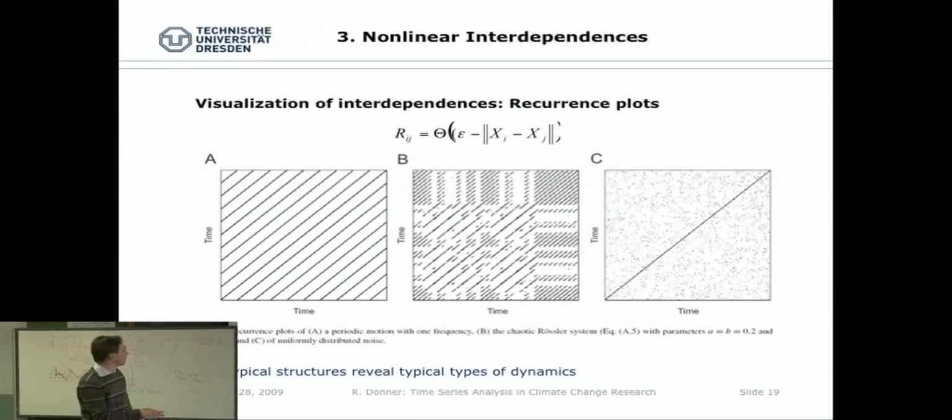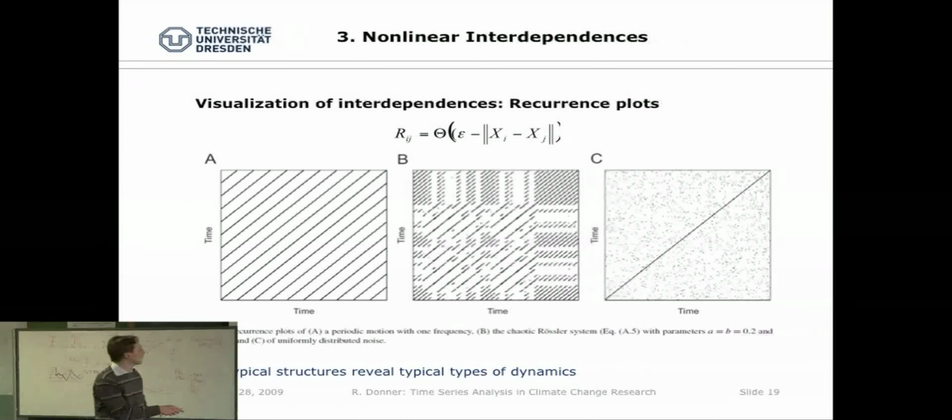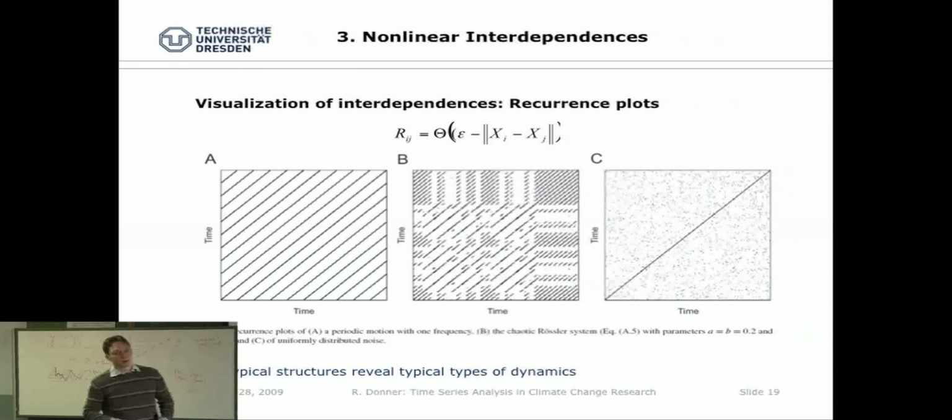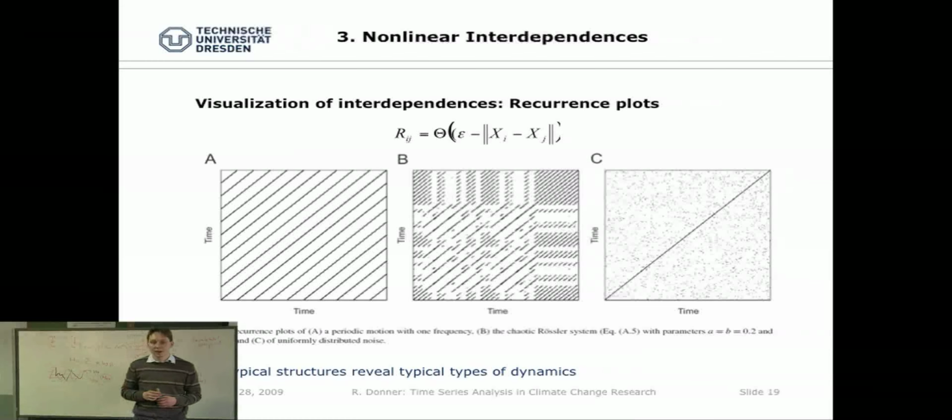Okay, just once again, the different possibilities. When you have a periodic function, like a sine function, you will just find diagonal lines. These diagonals correspond to the different periods of this sine function.